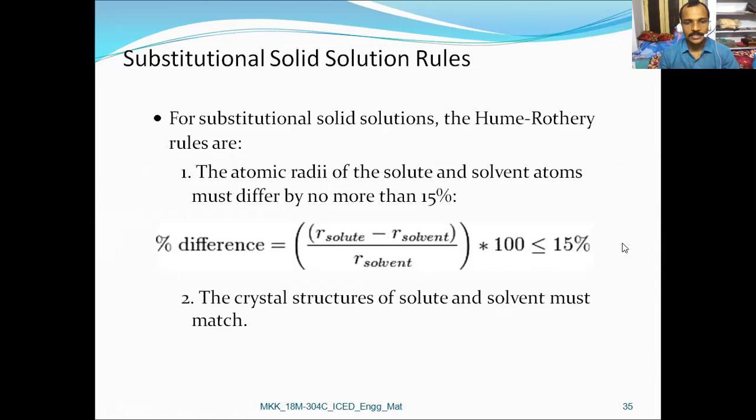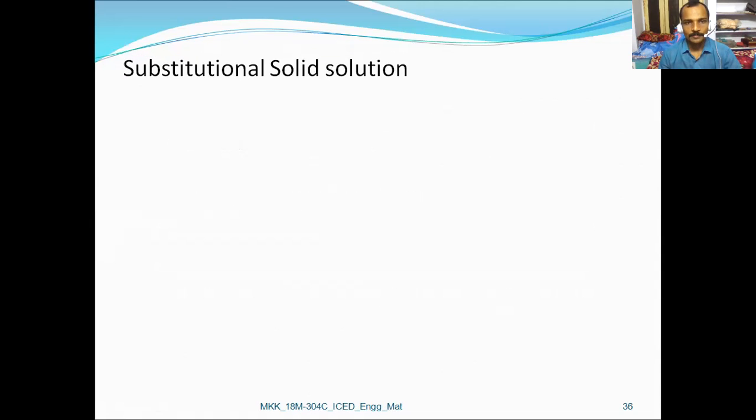The next rule is the crystal structures of solute and solvent must match. So one is the atomic radii of the solute and solvent atoms must differ by not more than 15%, and the second is the crystal structures of solute and solvent must match.